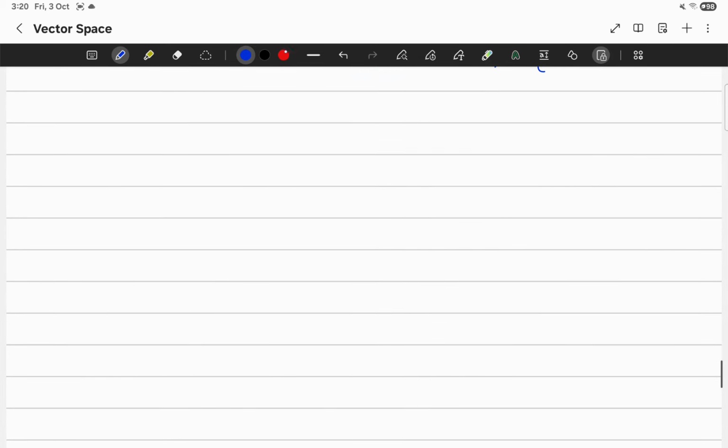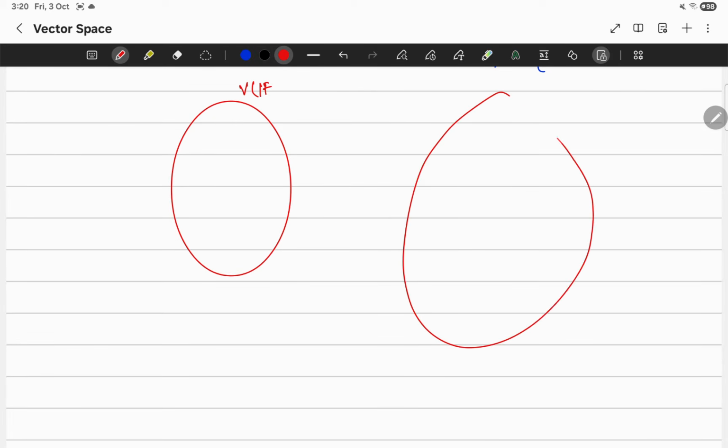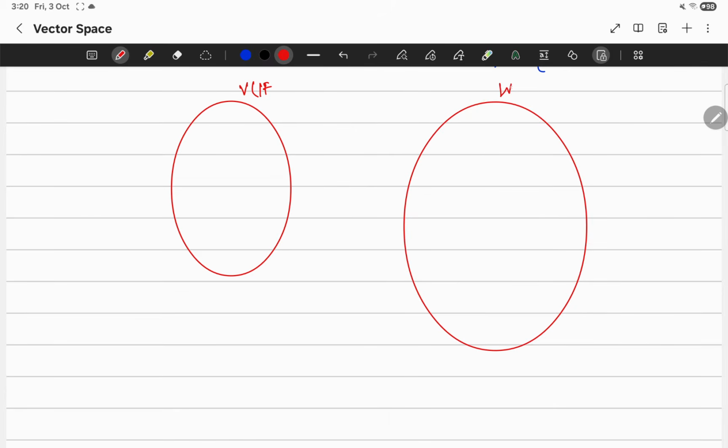Similarly, as I told you, if this is your V and this is your W, there will be a set here and there will be many other elements that may not be a pre-image.